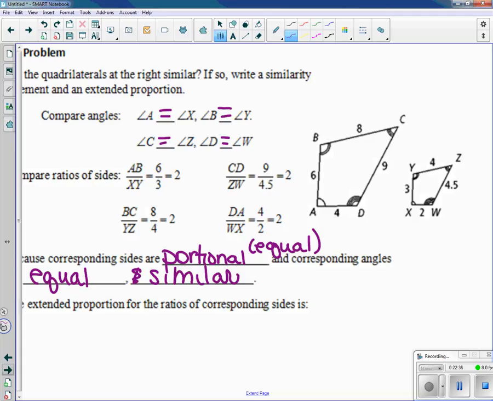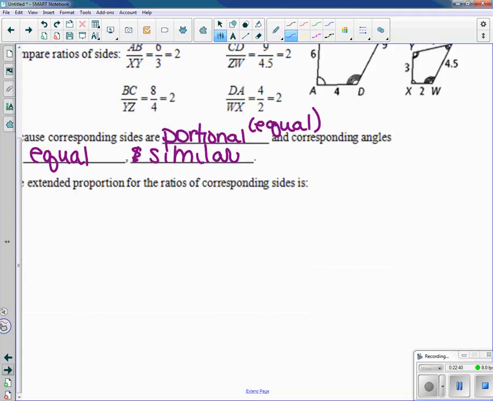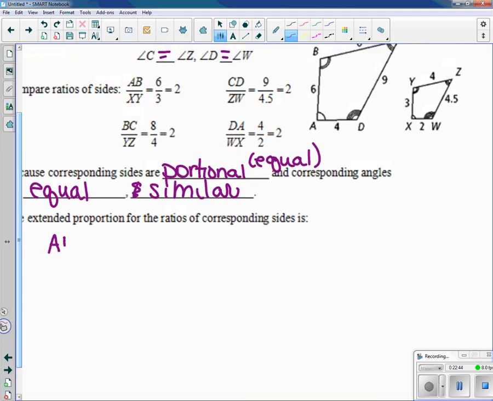Now, if I wanted to extend this ratio, this is how you would extend it. AB over XY is equal to what? What will be another ratio I can put from this figure? I did AB and XY. What else can I put?